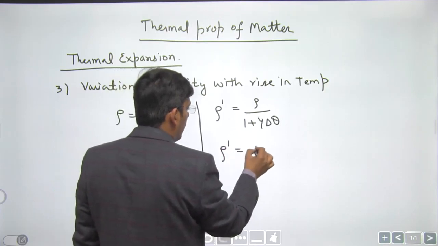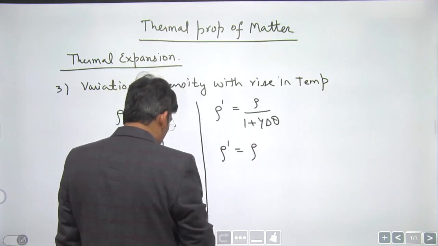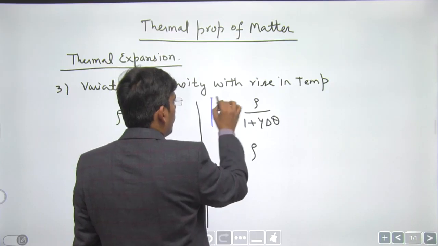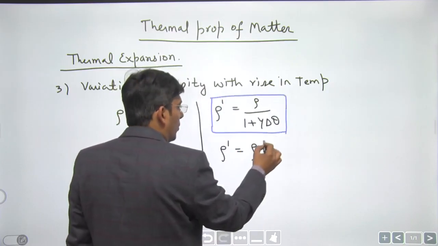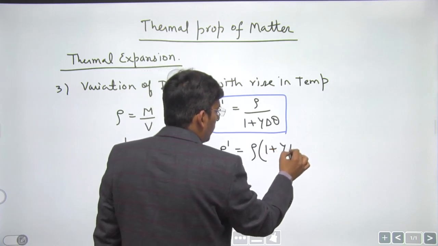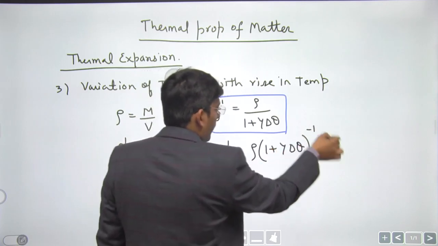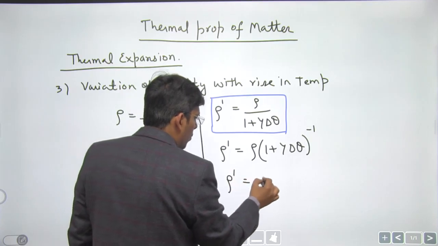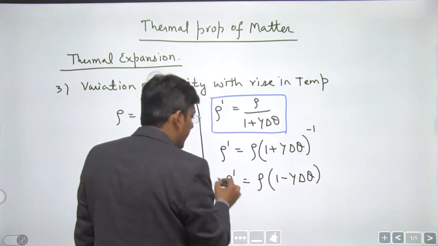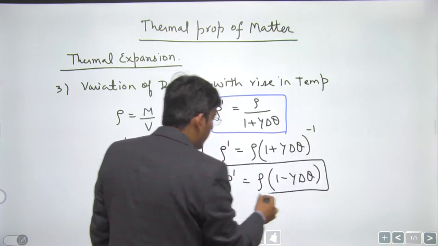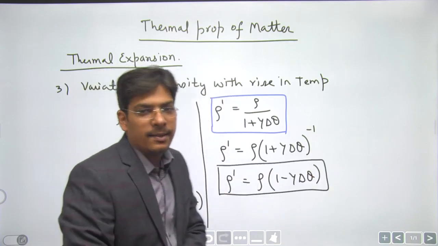Rho dash is equal to rho divided by 1 plus gamma delta theta. See, this formula is always valid. We expect this formula to be valid everywhere and always. But we can have the approximate formula also. Using the binomial approximation, rho dash becomes rho times 1 minus gamma delta theta, if the value of gamma delta theta is small. So you can see that density decreases with rise in temperature.